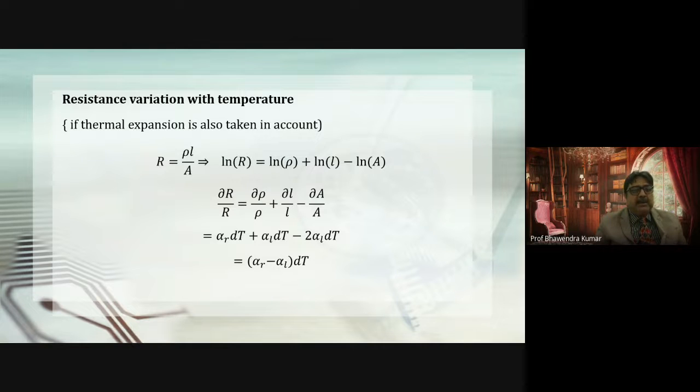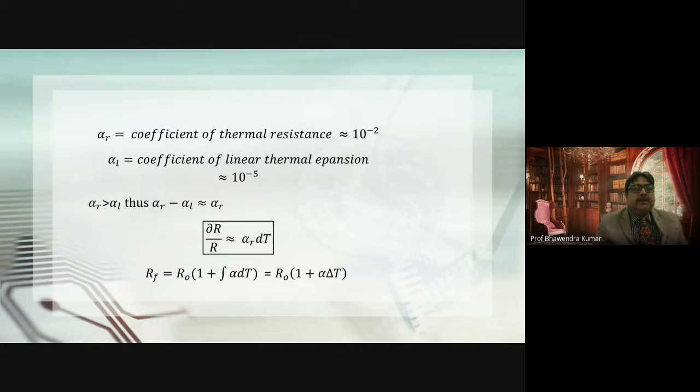Okay, this is the value of dR by R. So dR will be R naught into this. But when we talk about practical values, alpha R, the coefficient of thermal resistance, is approximately 10 to the power minus 2, and alpha L, the coefficient of linear thermal expansion, is approximately 10 to the power minus 5.